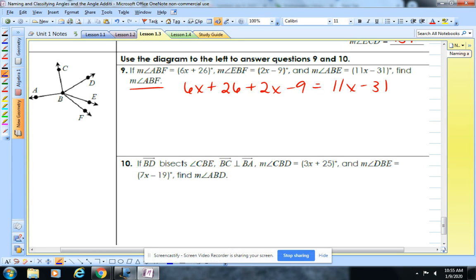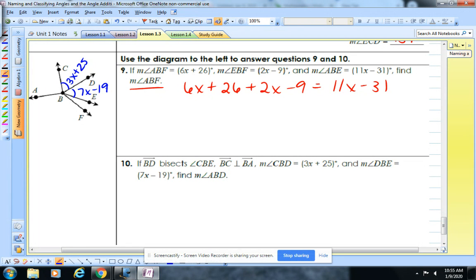So those two angles are congruent. I'll put those little arcs there because they're congruent. And CBD, this angle on top, is 3x plus 25. Y'all with me? And DBE, which is this little angle, is 7x minus 19.